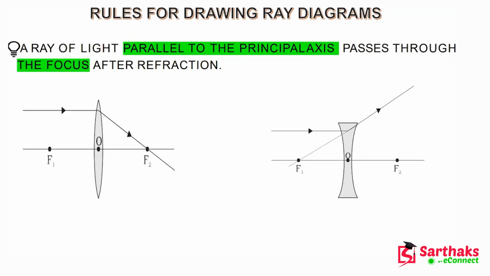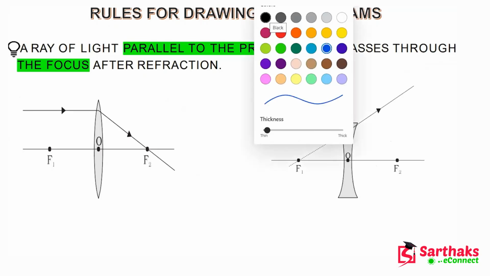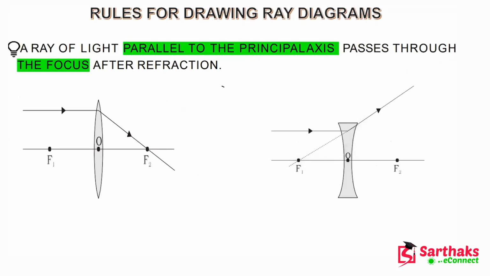Now, here we will study about the diagram, and these diagrams are called ray diagrams. Okay. And in reflection also we saw the ray diagram. In the case of mirrors, the same thing we will see for the lenses here.